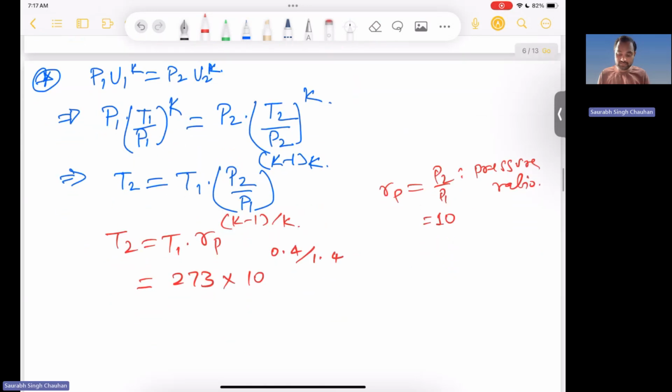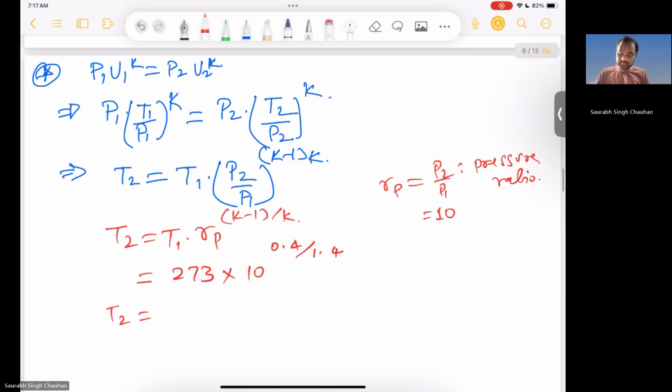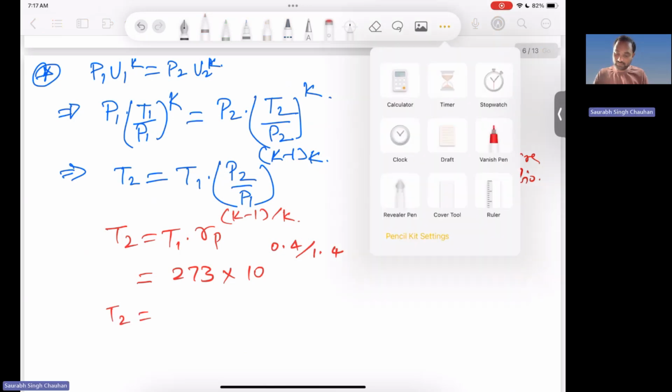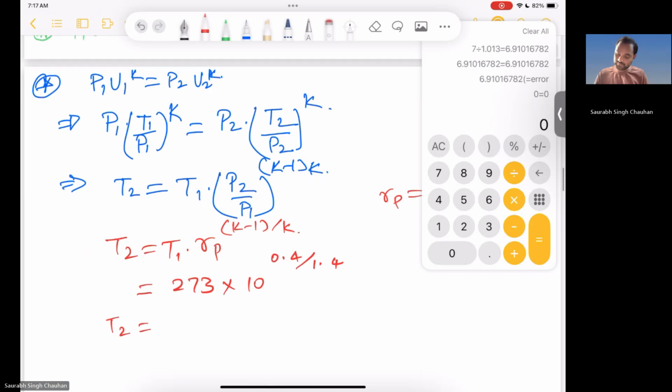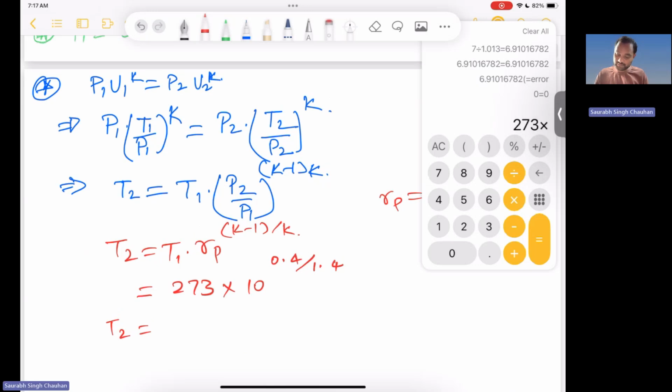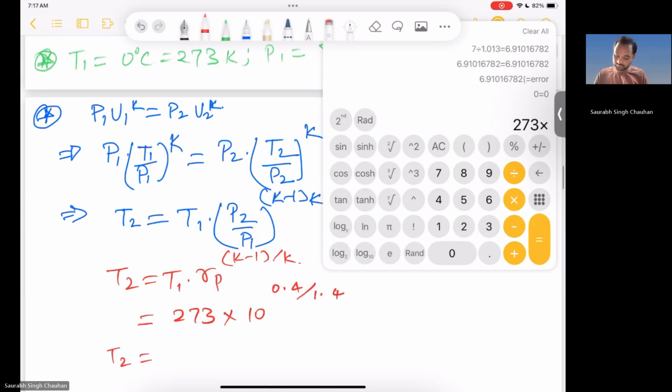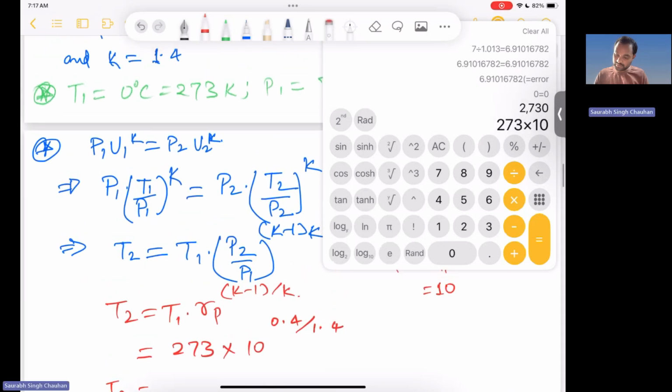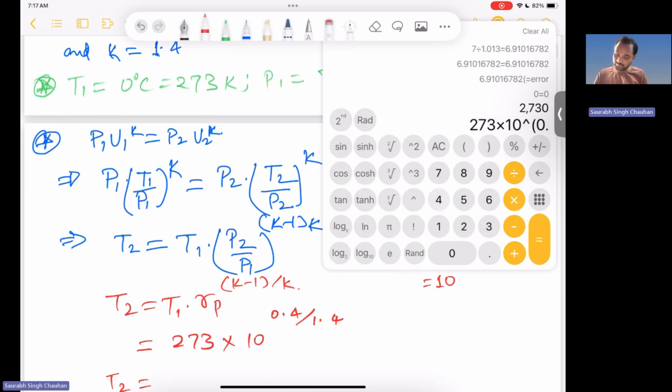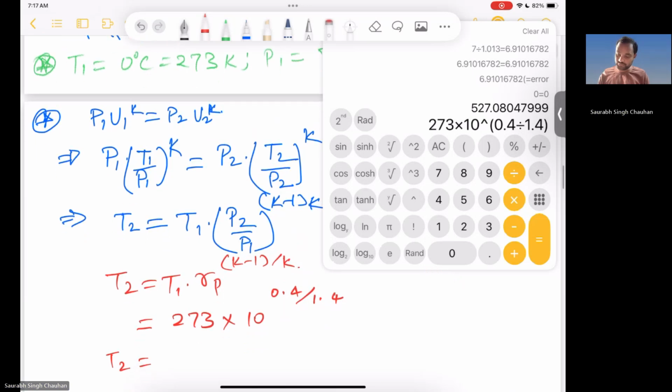If you calculate this value, then you will find T2. So 273 into 10 to the power 0.4 divided by 1.4. It is 527.08 Kelvin.